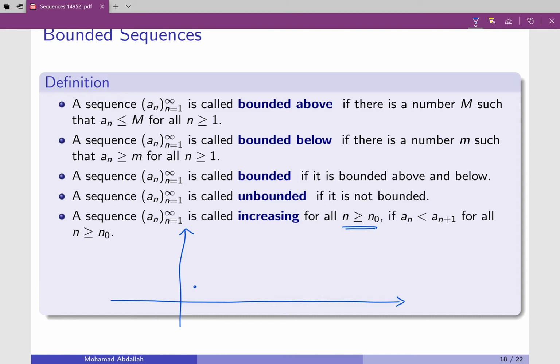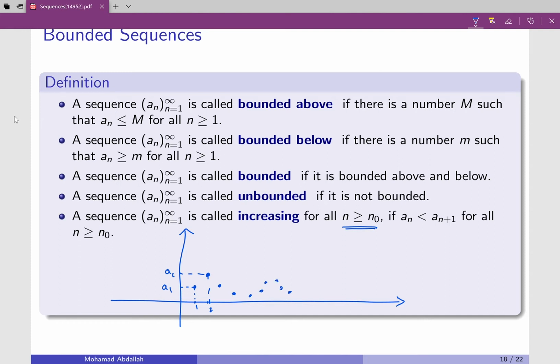Suppose I start with this is a1. For 1 I get a1, for 2 I get another number a2, and so on. Let's say that I have this. So these are the terms of the sequence.